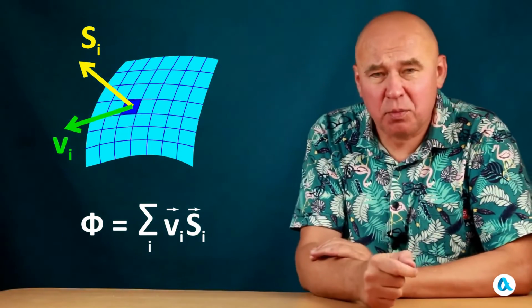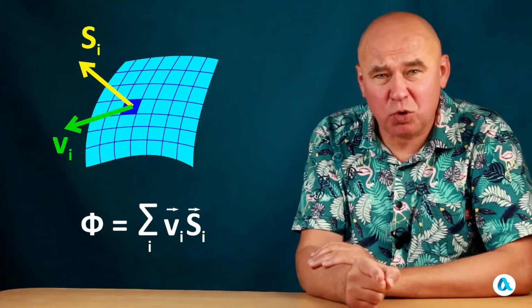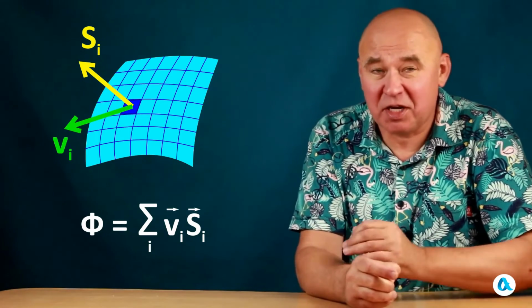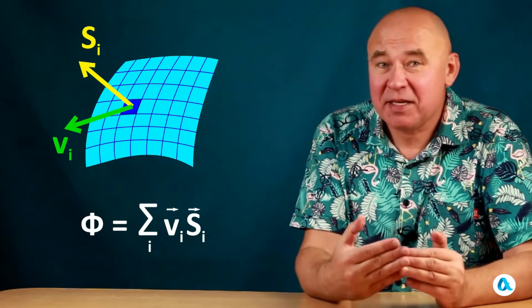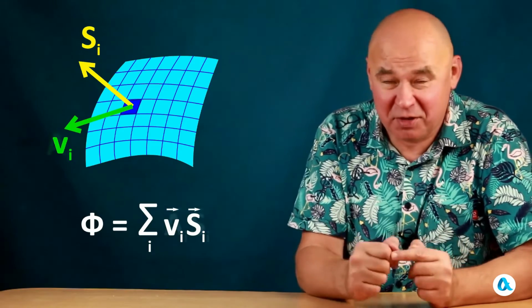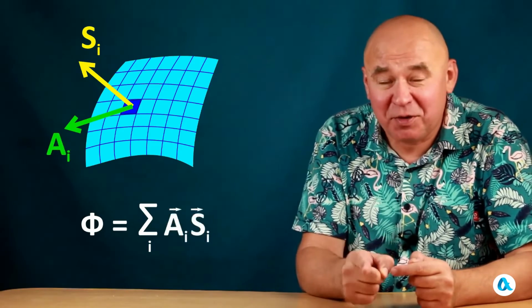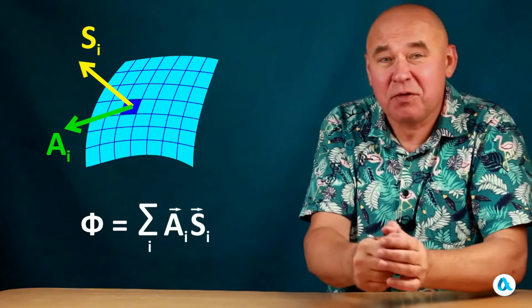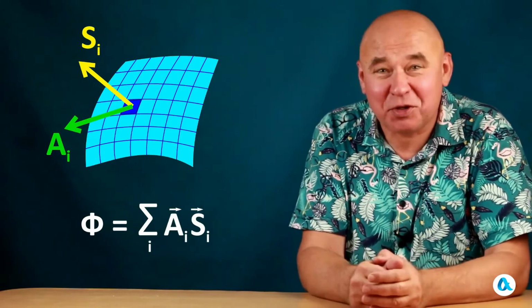And thus, we have determined what the flow of water through any given surface is equal to. Now we can generalize this formula and say that it is valid as a definition for any vector field. And now, Alexei will apply this definition of flow to the flows of an electric field.